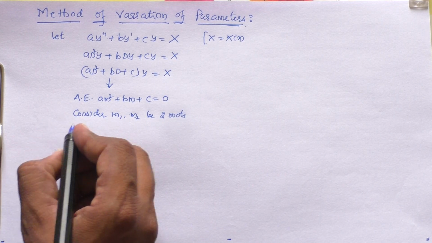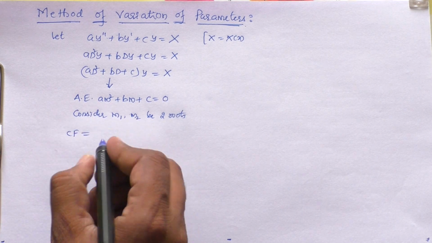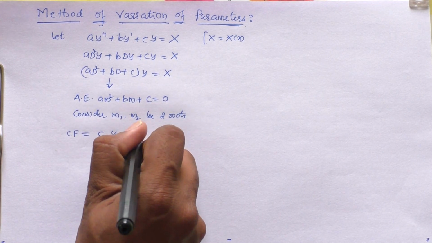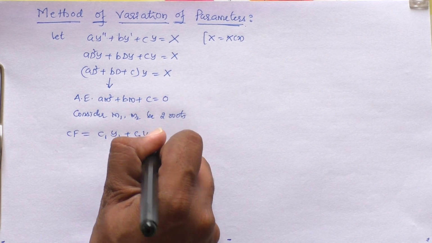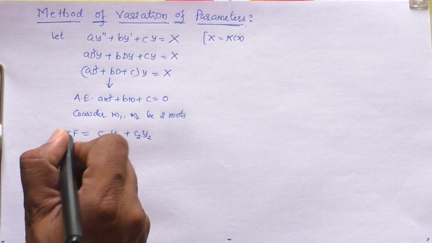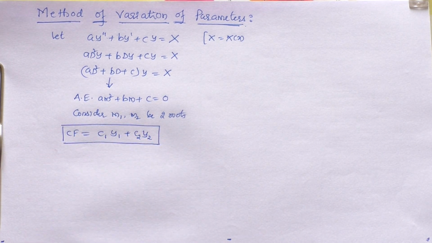Then the complementary function CF will be C1 y1 plus C2 y2, which we write based on the nature of the roots.